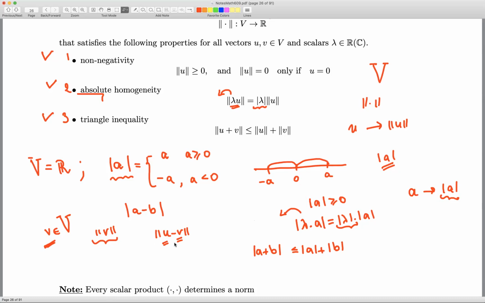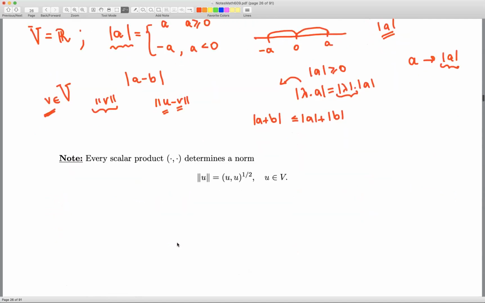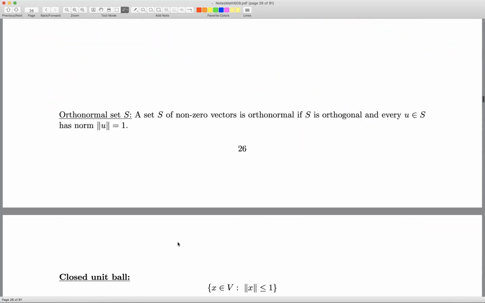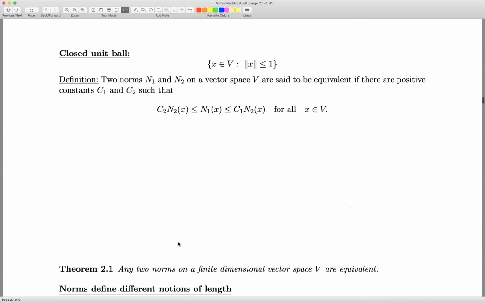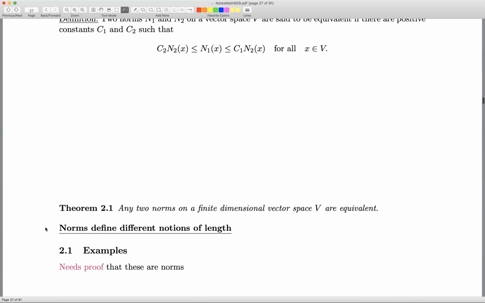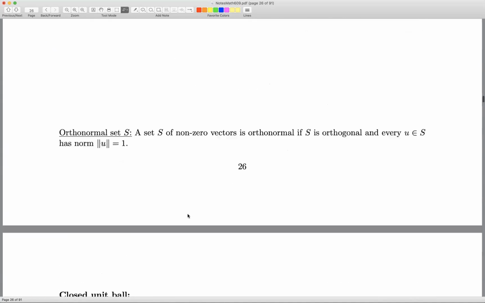And therefore, they introduced the abstract mapping called a norm. And now we have this abstract mapping, and through the norm, we can define various notions. Norms define different notions of length or different notions of magnitude.